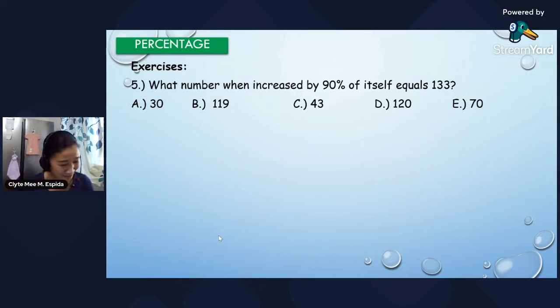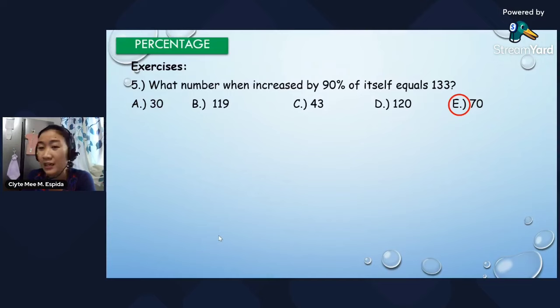Hindi po. Okay, so the correct answer is letter E. The explanation of Sir Leonardo P. Ariola Jr. is correct. Okay, pag hindi mo po alam yung question, you could just trial and error.